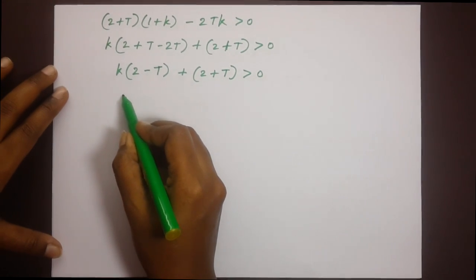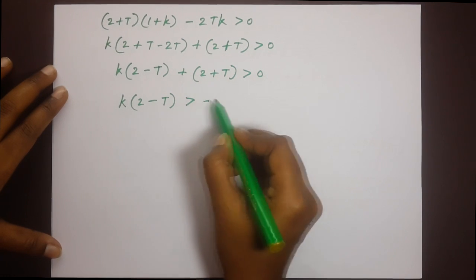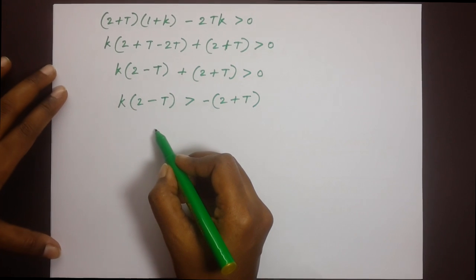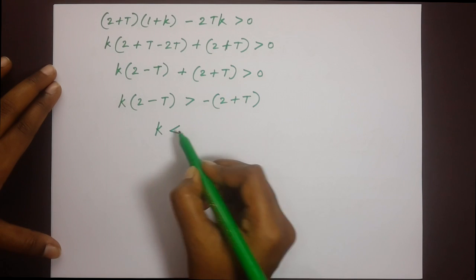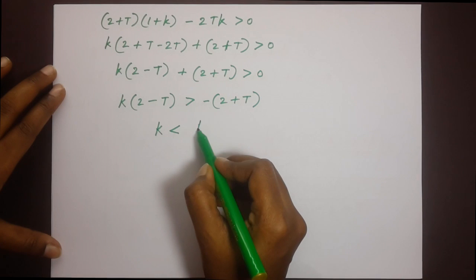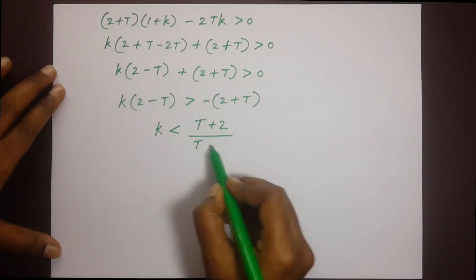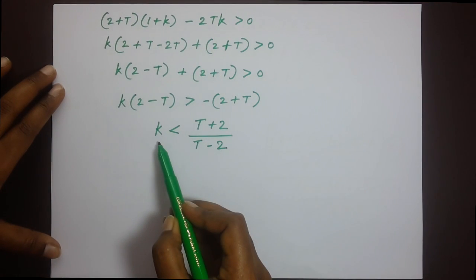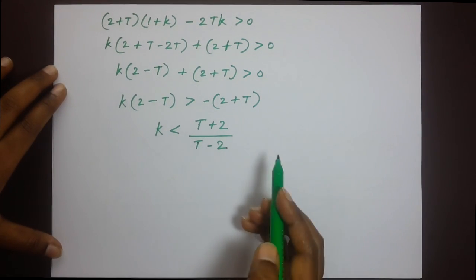Now this would become k into 2 minus t is greater than minus of 2 plus t. So we need it in terms of k. So if we are to divide by a negative term, you know that the sign flips over. So k becomes less than t plus 2 divided by t minus 2. I hope you see what I'm doing over here. Taken k here, so k is less than t plus 2 divided by t minus 2.